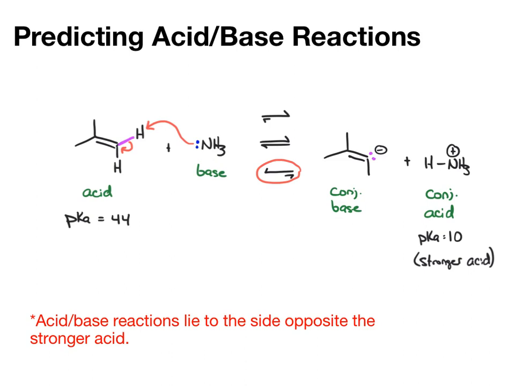If you were to mix ammonia and this alkene, nothing's going to happen. You're not going to get any acid-base reaction to go to the right. But on the other hand, if you were to take this particular base and mix it with this acid, this reaction would take place to give you these products.